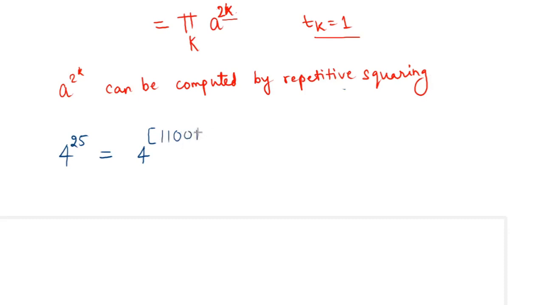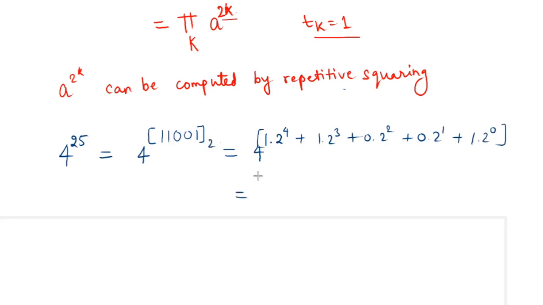16 plus 8 plus 1. And this can be represented by taking the weighted values: 1 times 2 raised to 4, plus 1 times 2 raised to 3, plus 0 times 2 raised to 2, plus 0 times 2 raised to 1, plus 1 times 2 raised to 0. This will give us the idea of which exponents have to be taken into consideration.